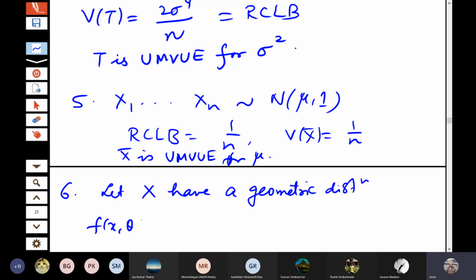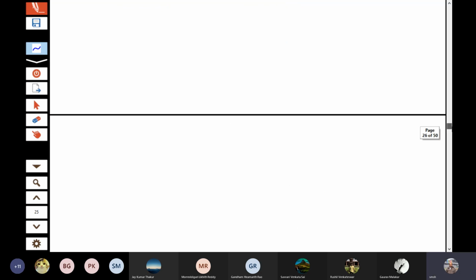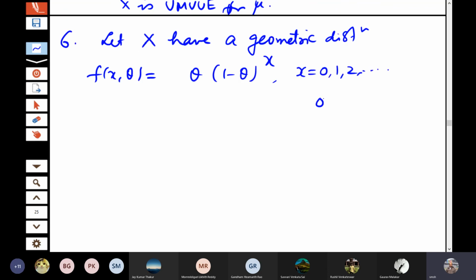So f(x, theta) is equal to theta into (1 minus theta) to the power x, where x can take values 0, 1, 2, and so on. Of course, it is written in terms of p in the geometric, but I am just using theta because for the derivation I have used theta, which looks a little more convenient.